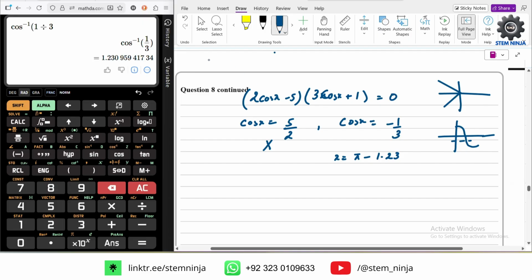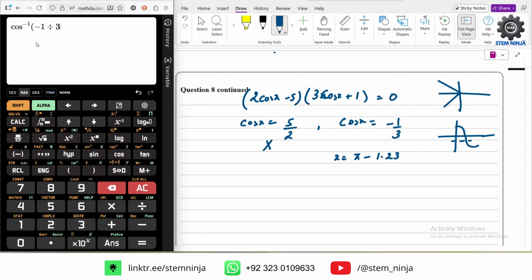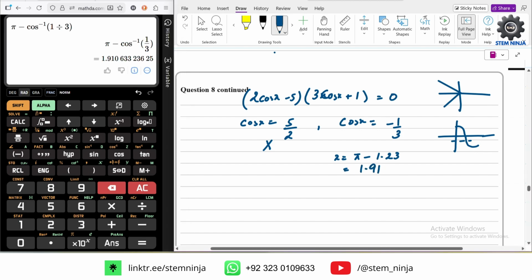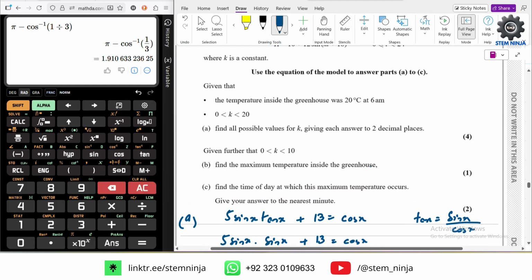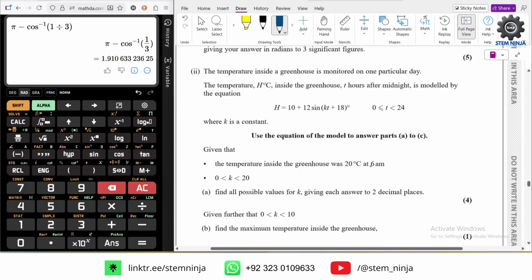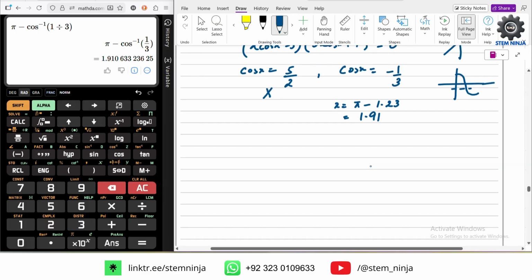You can also do the minus 1 over 3, right? So you will get 1.91. So if you do pi minus cos inverse of 1 divided by 3, you see we are getting the same thing. So 1.91, wait, how many decimal places? 2 decimal. 3 significant figures, so I think this is it.